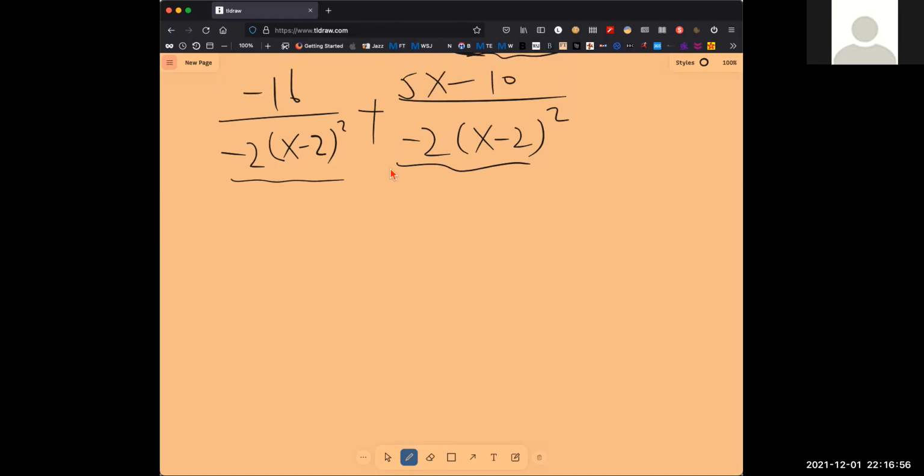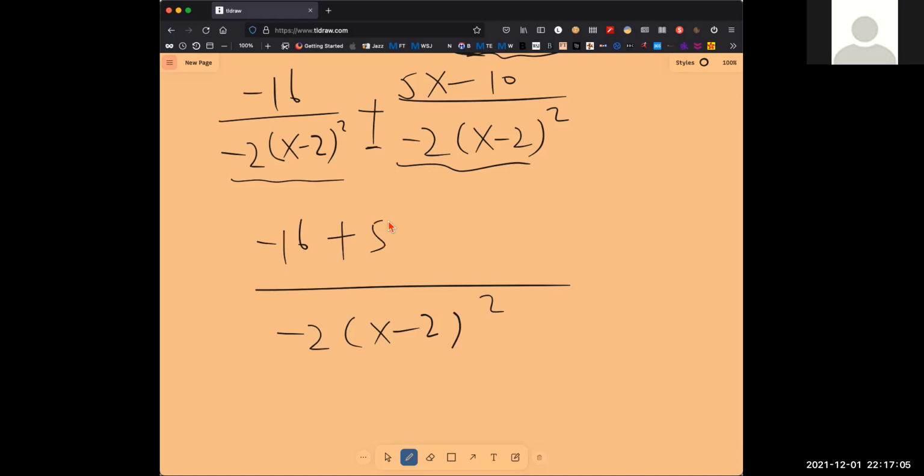Over here is add. So you just add. So the same denominator, minus 2 x minus 2 square, minus 16 plus 5x minus 10. This one and this one you can combine, which is minus 26. So that's the answer.